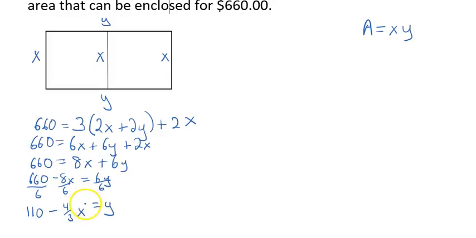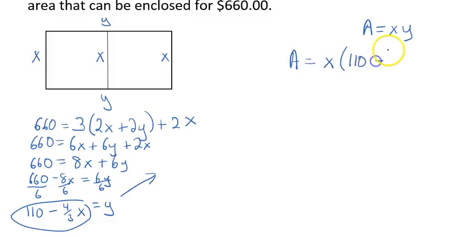So I have this relationship now between x and y. I'm going to take that and plug that in to my area equation for y. So I keep the x, and then for the y I put in the 110 minus 4/3 x. And go ahead and distribute.